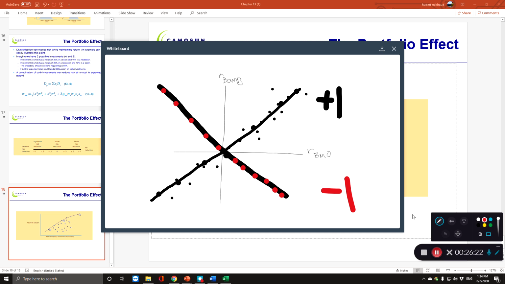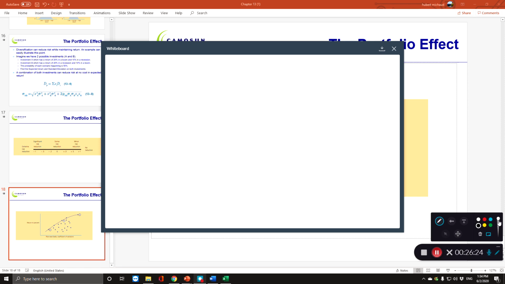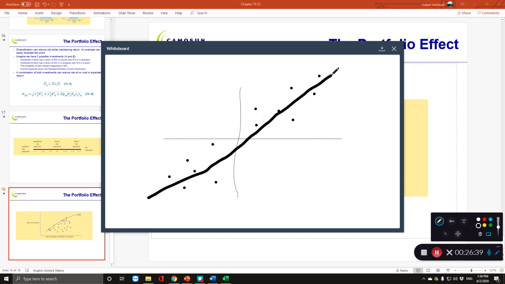Now if we had a correlation that is like 0.7 positive, then maybe it would look something like this. And a straight line would go here. That would be a correlation maybe of 0.7 positive.